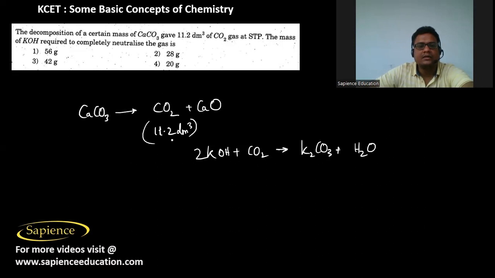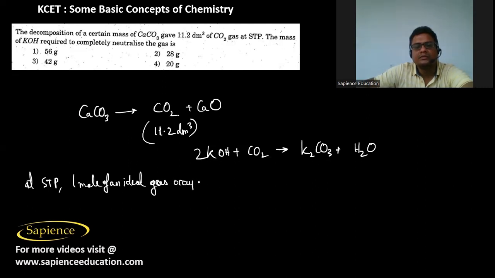So now we know that at STP, 1 mole of an ideal gas occupies 22.4 liter volume, and 1 liter is equal to 1 decimeter cube. So the amount of CO2 formed is 11.2 liters.